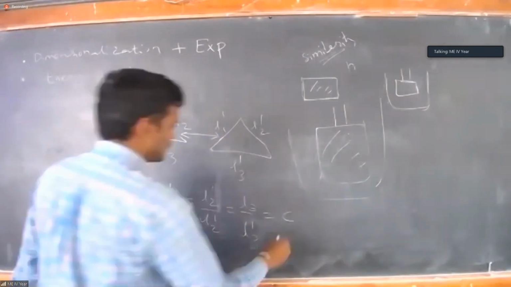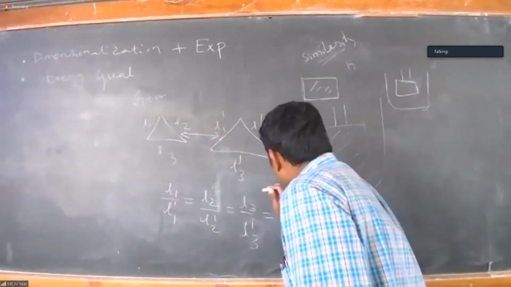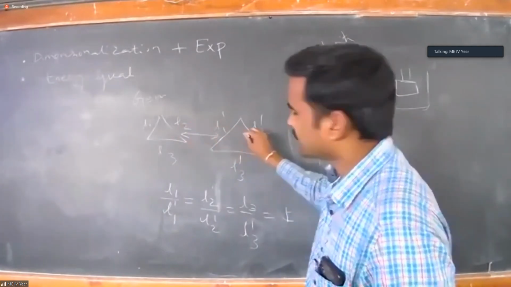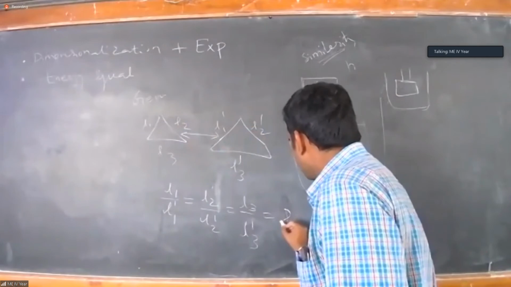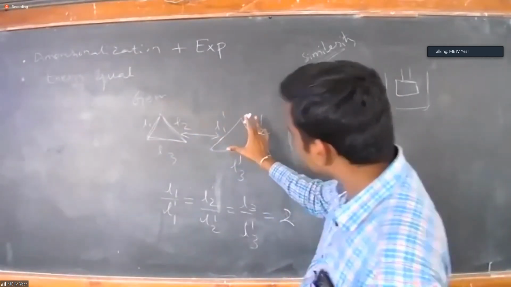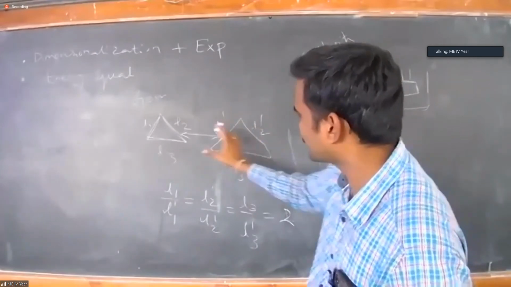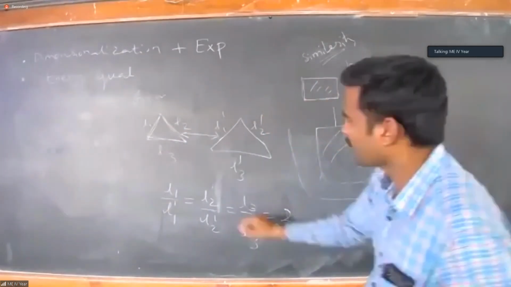The ratio might be 1, 2 or 3. If it is 1, they are the same size. If it is 2, this is the smaller one and this is the bigger one, twice the size of the small. So this is geometric similarity.